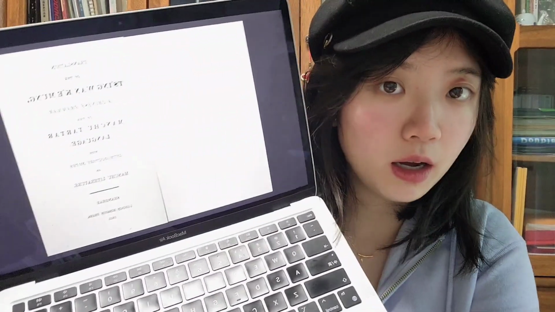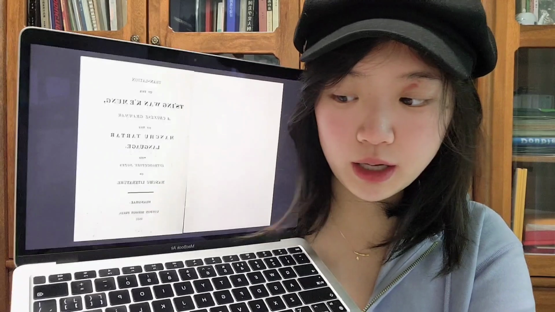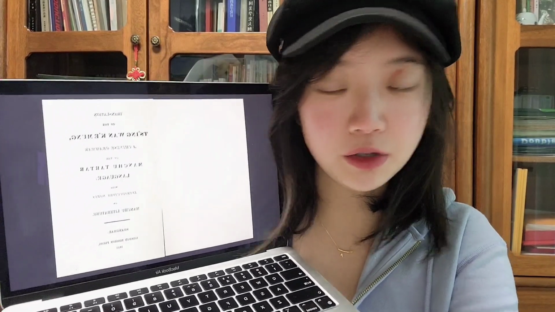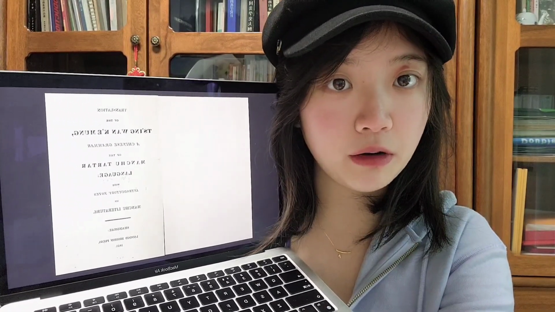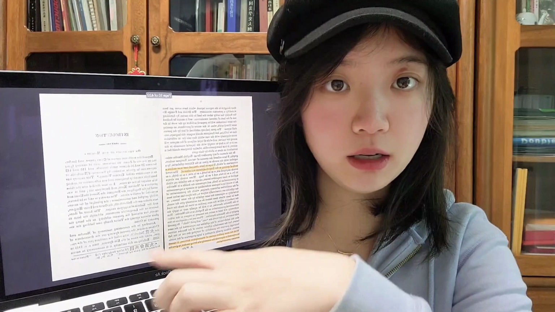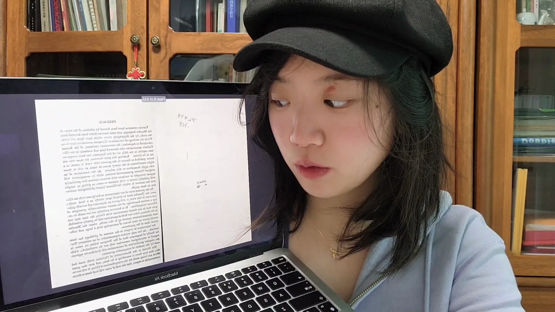And then the English translation that I used, let me make it bigger. The English translation that I used is this one by Alexander Wylie. I don't know if I pronounced it correctly, but this is written in, not sure where it shows that, but it's written in 1855.